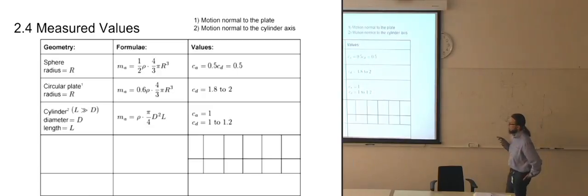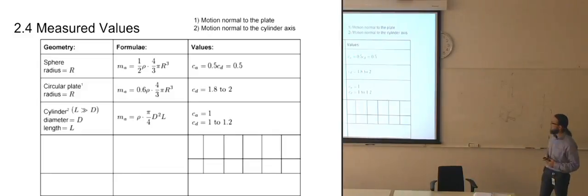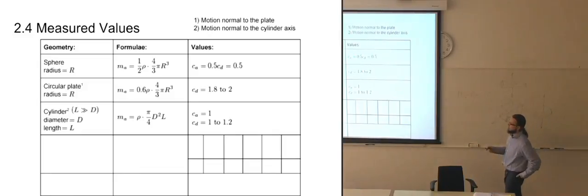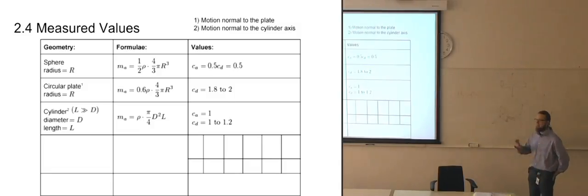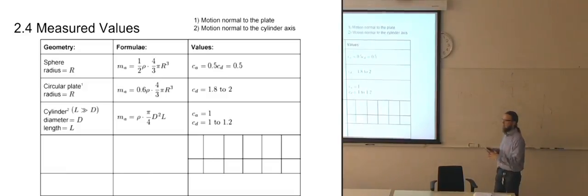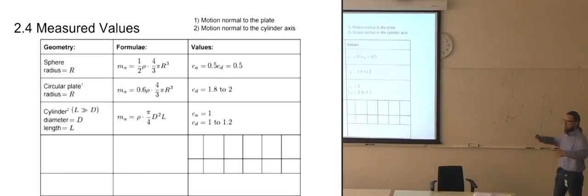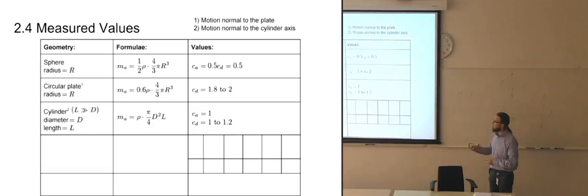There is one thing that they're putting in here, and it needs to be quite a lot longer than the thickness. Usually when you use this much greater than symbol, we're thinking at least 10 times larger. So if you have a diameter of 1 meter, then you want at least 10 meters length on your cylinder in order to feel sure that you can use these values.